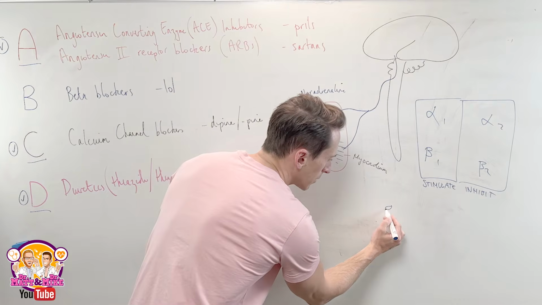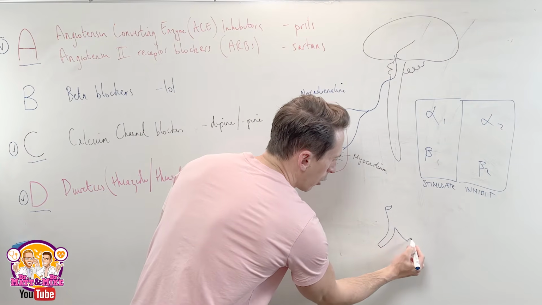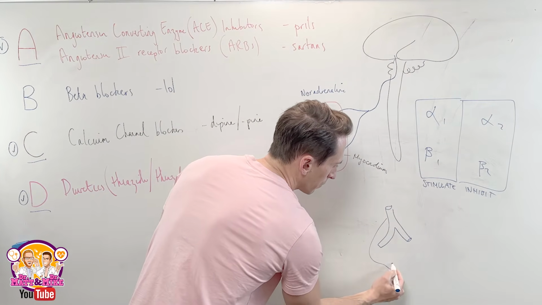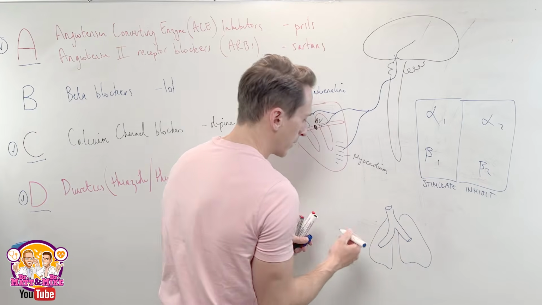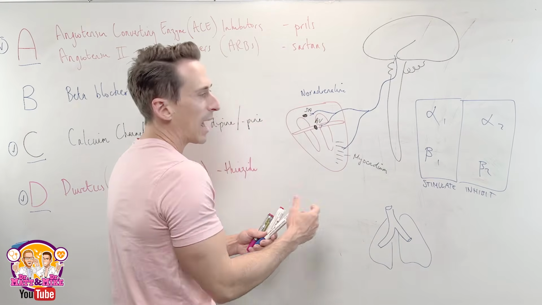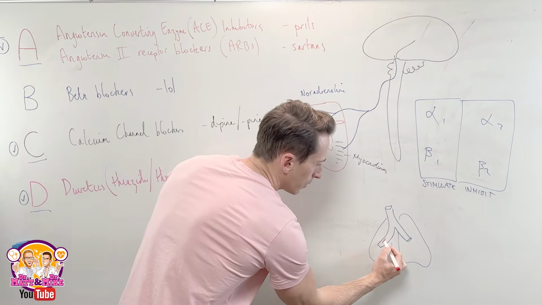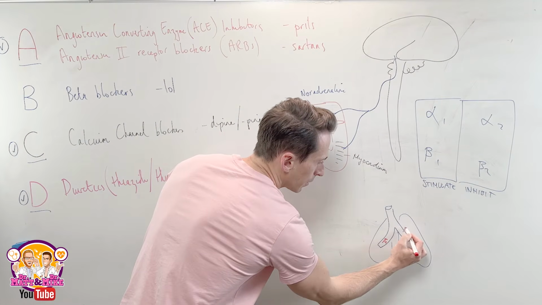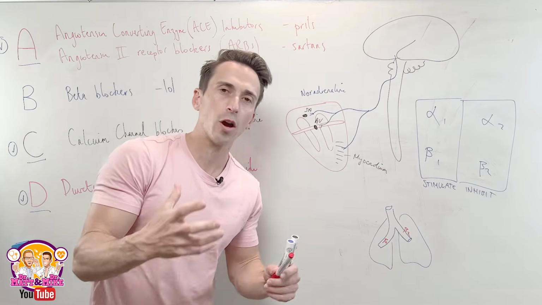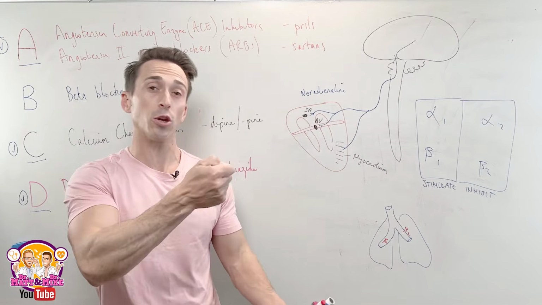We've got our lungs, specifically the airways of our lungs. Pretty dodgy lungs, but that's okay. The airways have beta 2 receptors on them, beta 2. Now think about it. You're in a fight or flight response. You're stressed. Someone's coming at you with a knife.